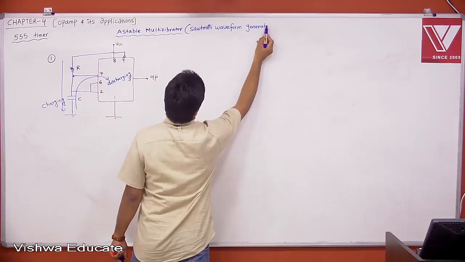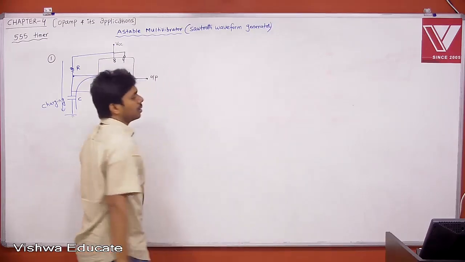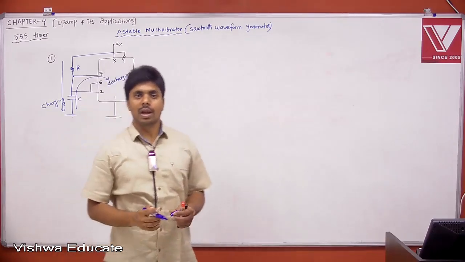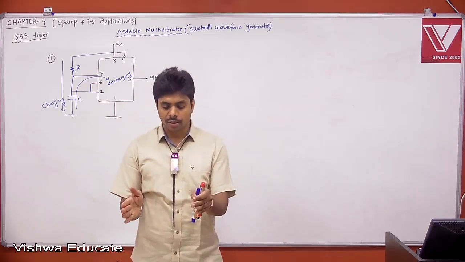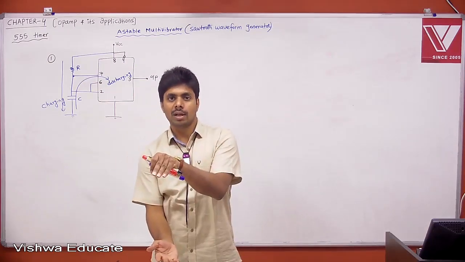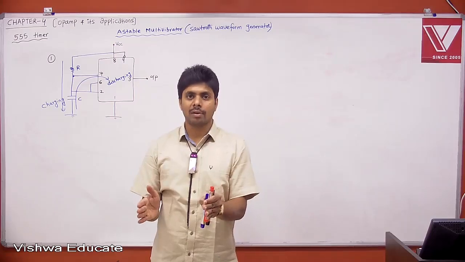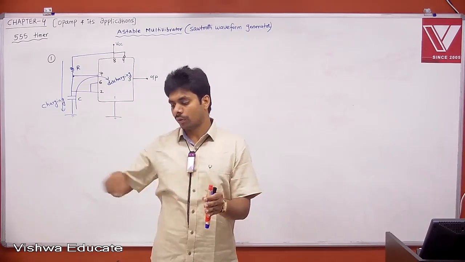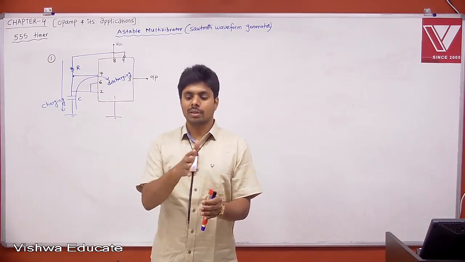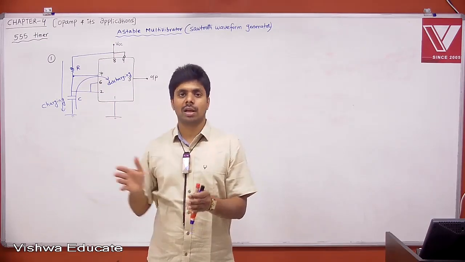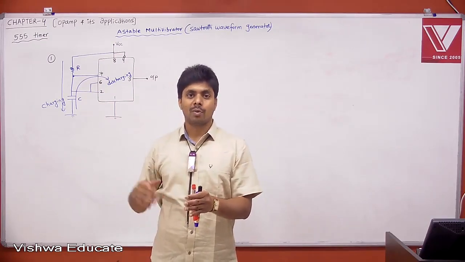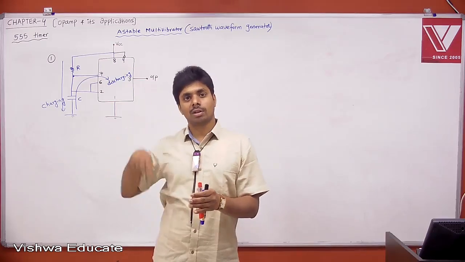What is the application of a sawtooth waveform? This is what we use in the CRO, cathode ray oscilloscope. It is associated with horizontal plates and vertical plates, right? Whatever signal variation is along the x-axis is through the horizontal plates, and whatever signal you want to observe is with respect to time.